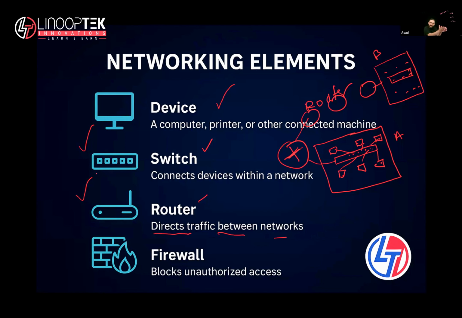So once you leave your network, your machine sends packets, right? To go to another network, to go to the Chase website, it goes through where? Through the router. It goes through the router. So the router directs the traffic between networks.